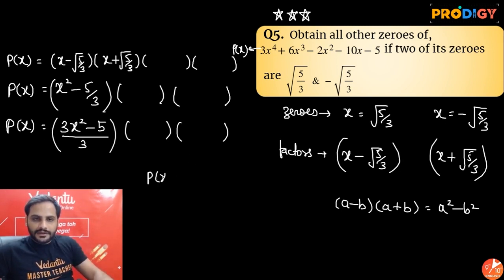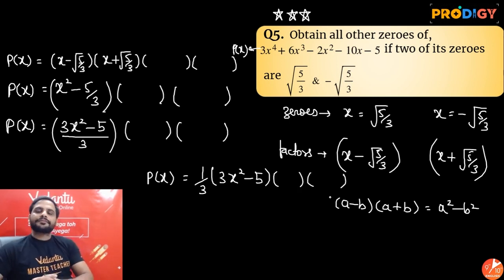So now I can write p(x) is equal to 1 by 3 times (3x square minus 5) into something into something. Clear? Yes or no? Correct now beta. So I have to now find out the remaining 2 factors.